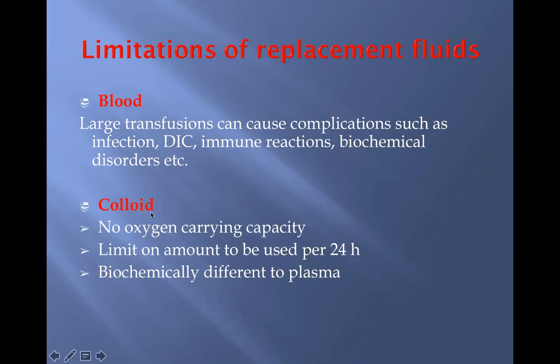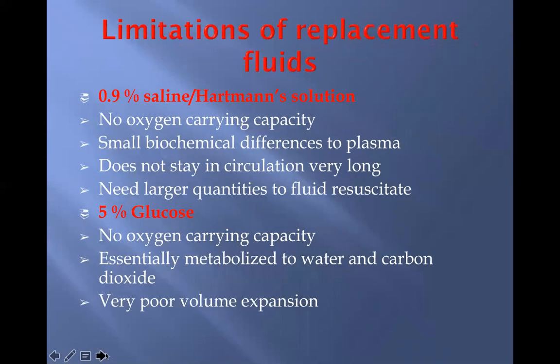And the limitations of colloid: no oxygen carrying capacity by colloid, just an increase in the volume, but not an increase in the oxygen carrying capacity, which only increases by giving the blood itself containing hemoglobin. There is a limit on the amount to be used per 24 hours because it may lead to the mentioned complications and it is biochemically different from that of plasma.